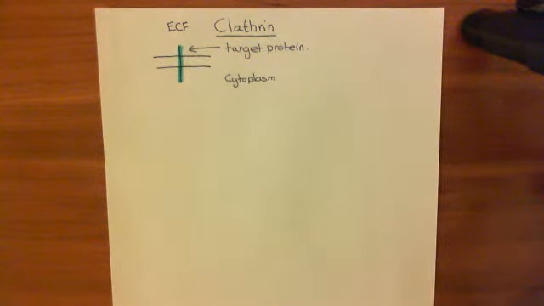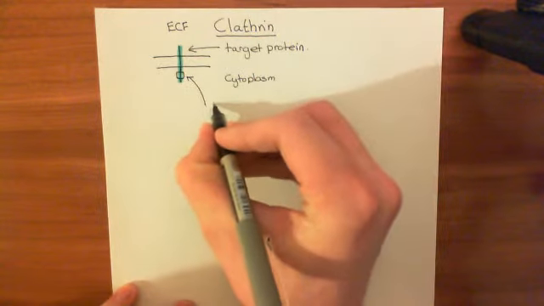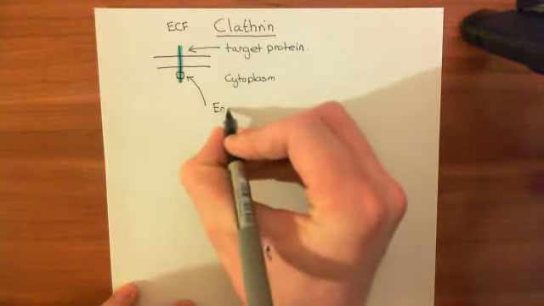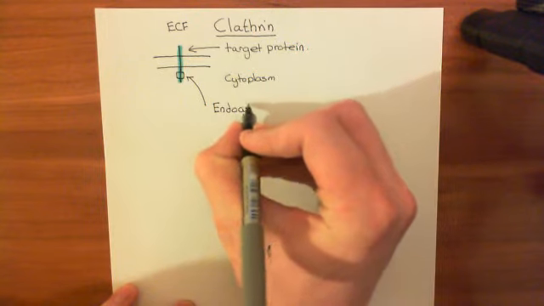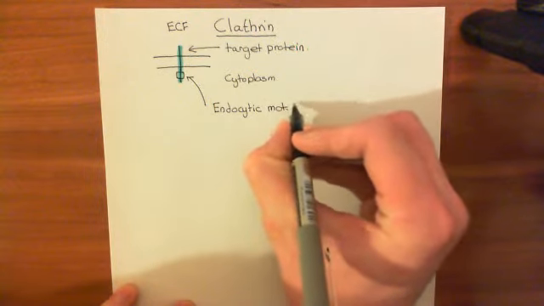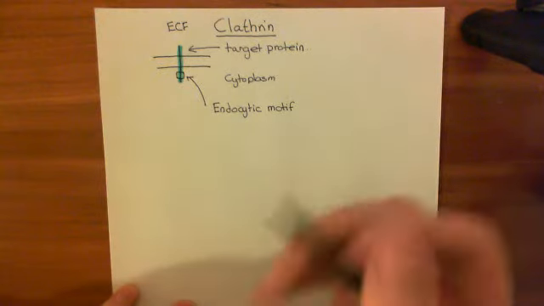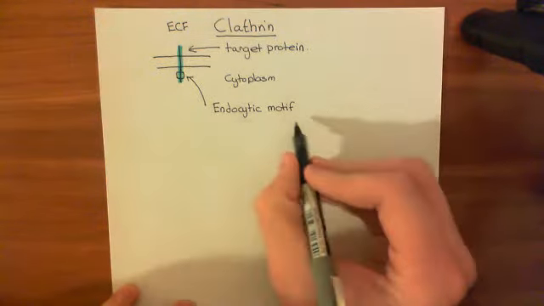This sequence of amino acids, which tells proteins within the cytoplasm, look at me, I need to be endocytosed, is what's known as an endocytic motif. So any target protein to be endocytosed will have this combination of amino acids, clearly visible to proteins in the cytoplasm, known as an endocytic motif.